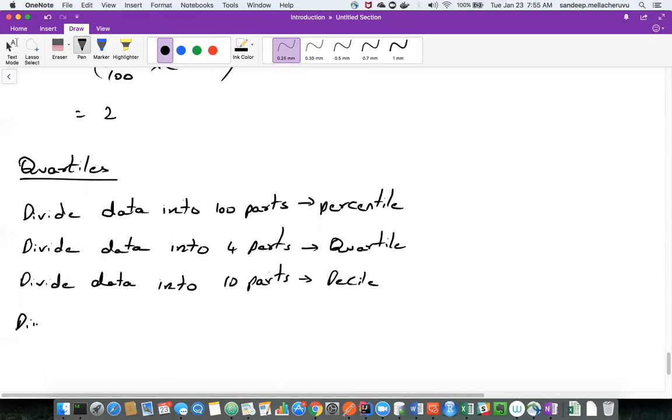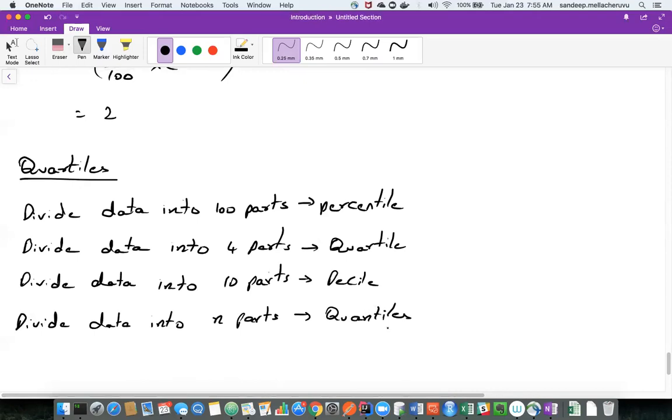Similarly, divide your data into n parts, where n could be anything, and this is called quantiles.